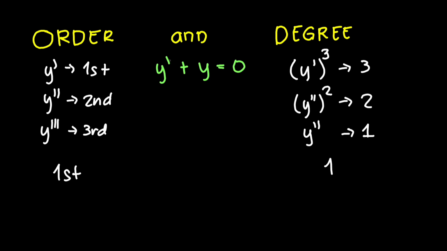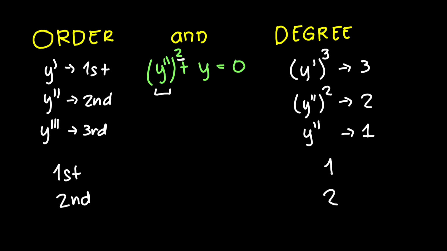So let's say something like y double prime and it is raised to the power of 2, and so your highest derivative here is y double prime, so it has an order of 2, or let's say second order, and so your degree here would be based according to the highest derivative exponent, so it has an exponent of 2.